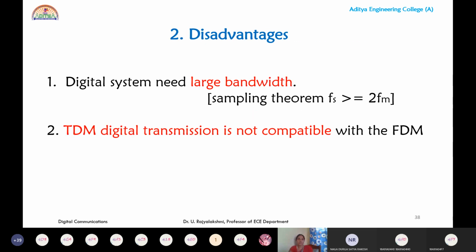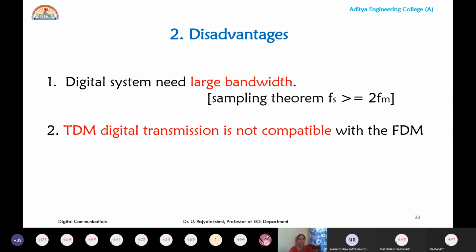So what are the drawbacks? Now I want to ask you one question. What is the bandwidth of a digital signal? Can any one of you tell me? You can also tell me the relation between the bandwidth of a digital signal and the bandwidth of an analog signal.